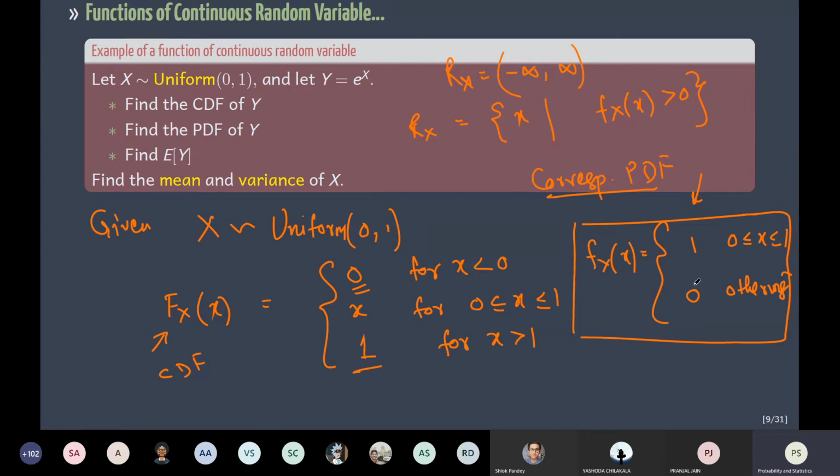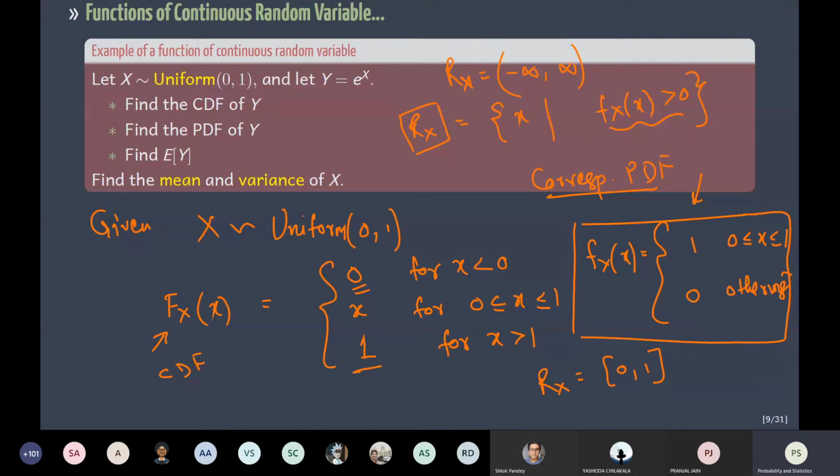The places where it's equal to 0 are not really useful from a computation point of view, whether we want to compute probability or whatever. So we redefine the range to be like this, and from here we see that the range of x is between 0 and 1.